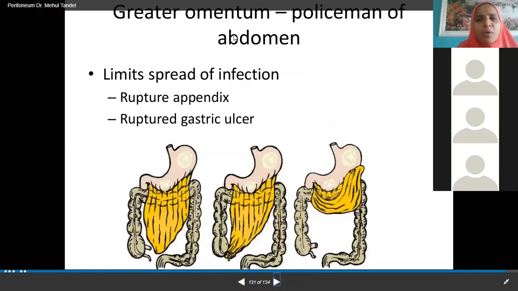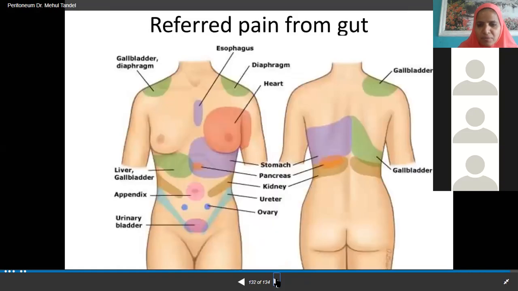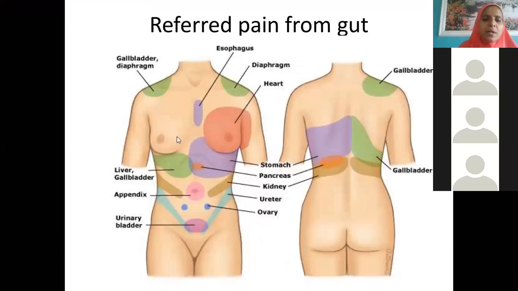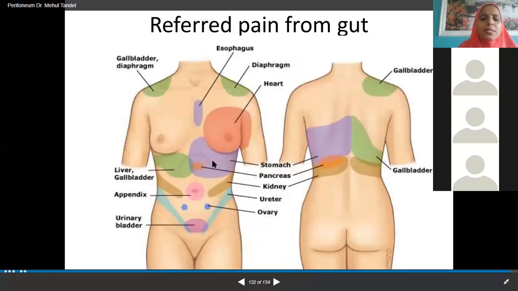See, greater omentum is the policeman of the abdomen. I already told you, because it is spreading the infection. Referred pain, this word you already know. That means pain is felt away from the point of origin. This picture will help us understand a few referred pains coming from the peritoneum. If it comes from the diaphragm or gallbladder, it is felt on the right shoulder.